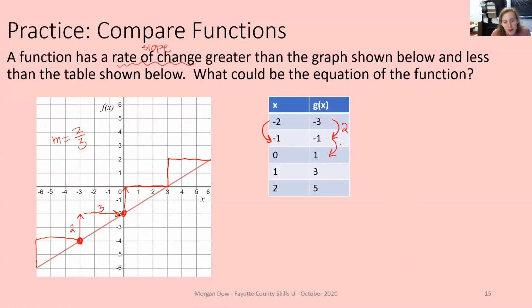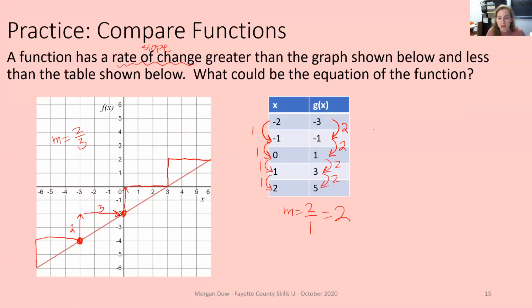So each time in my outputs, I'm going up by 2, and in my inputs, I'm going up by 1. And so this linear function has a slope of 2 to 1, which we can simplify to 2.